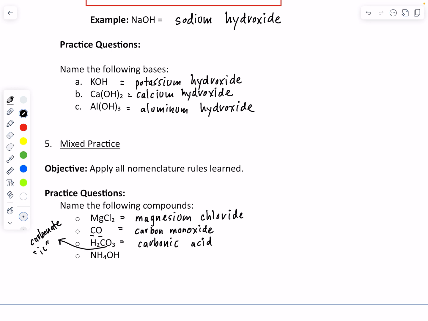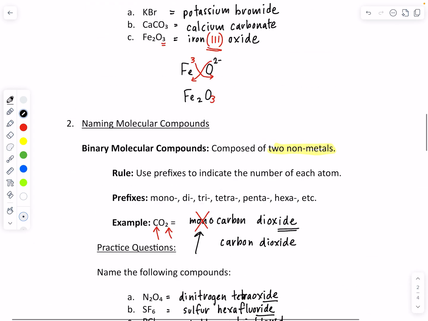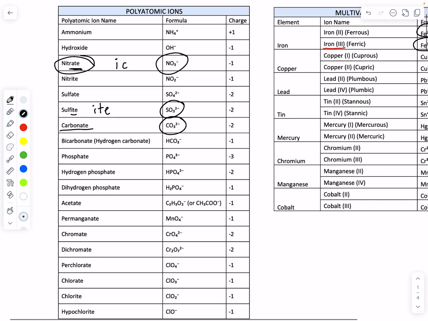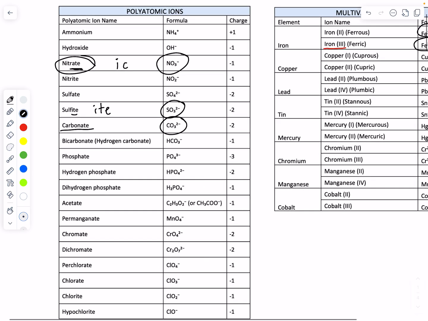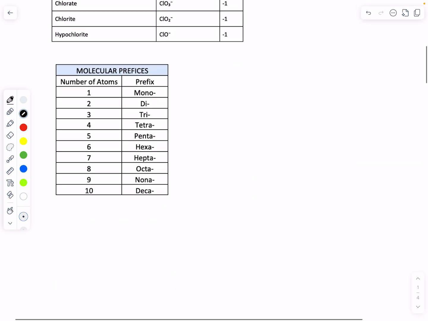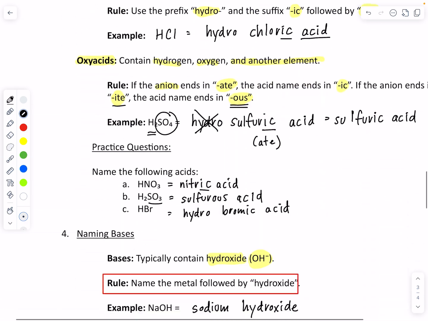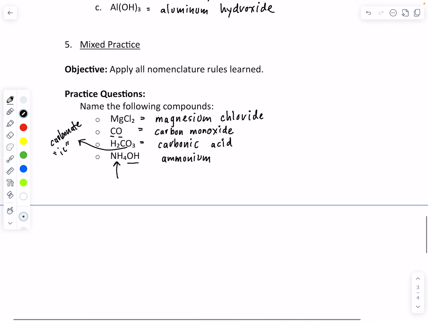And the fourth example, since it's a hydroxide, name the metal first; this is ammonium. NH4 we can find on our reference sheet. It's polyatomic and is ammonium hydroxide, since it's an OH base.